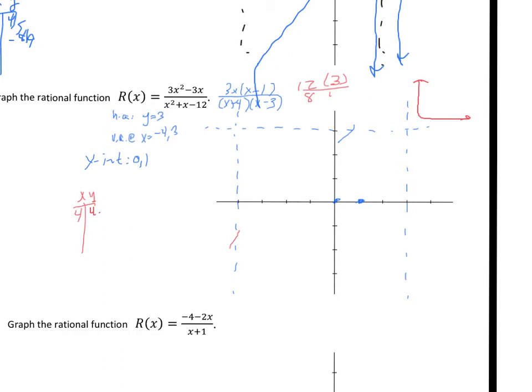Okay, so let's pick one less than -4. So we'll go -5. 3 times -5 is -15. -5 minus 1 is -6. Okay, and then -5 plus 4 is -1, and -5 minus 3 is -8.